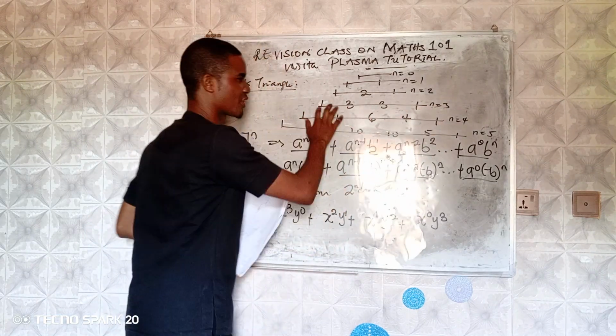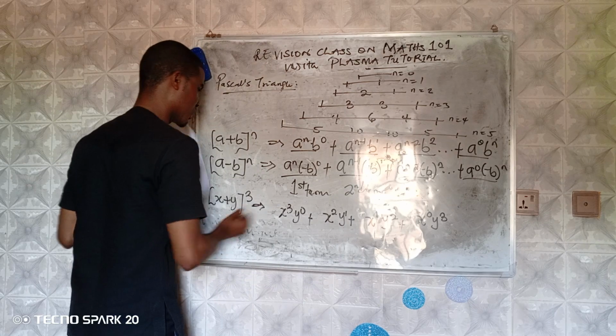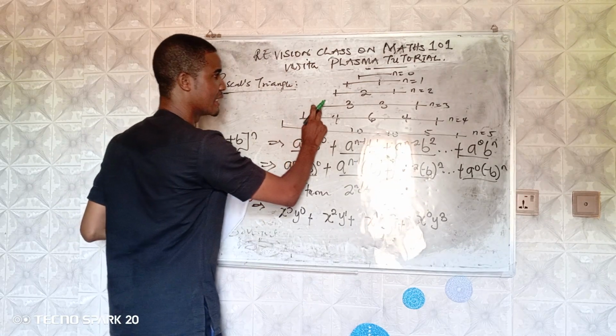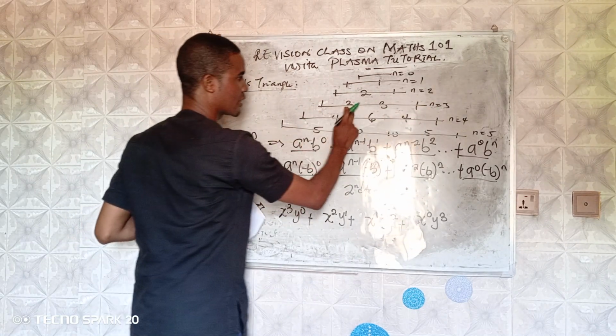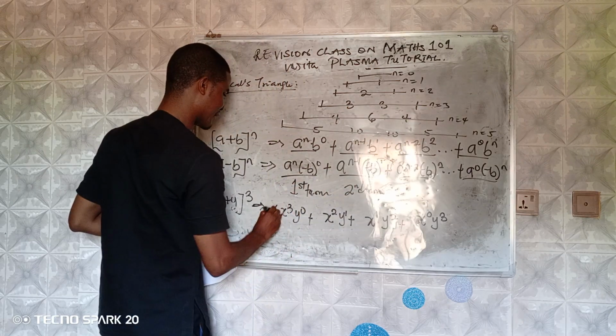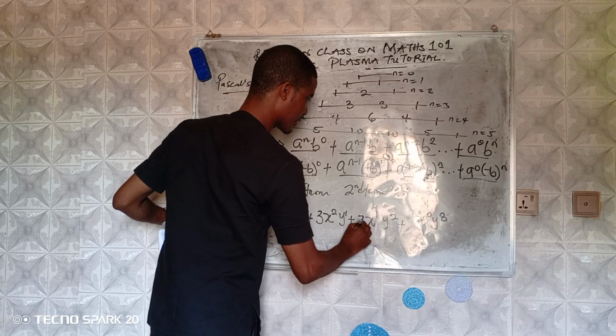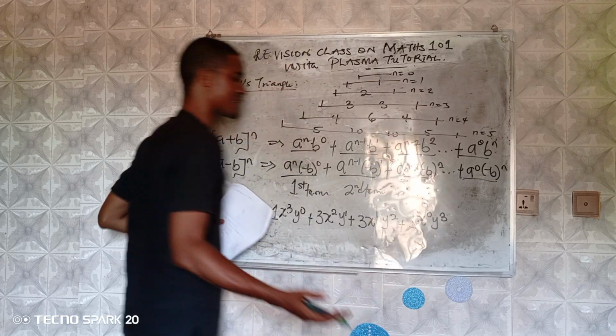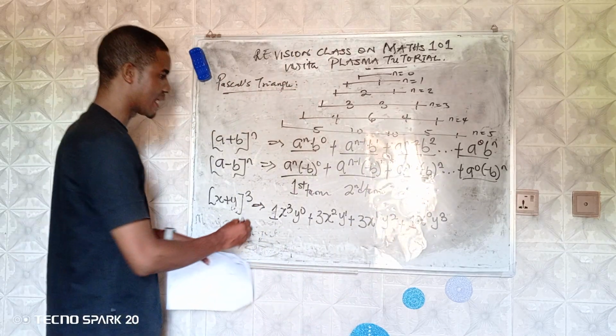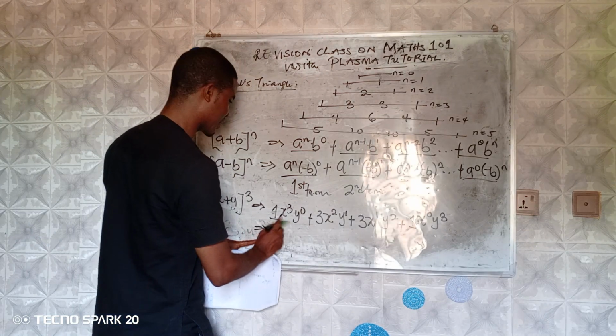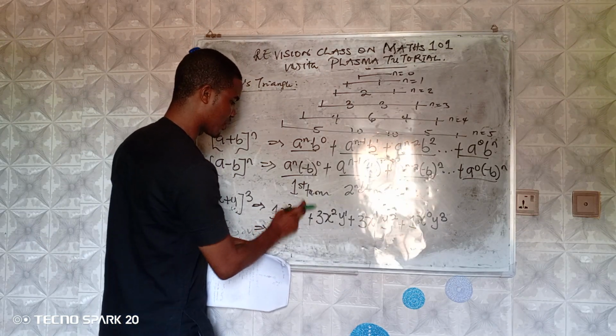So I'm going to take this line and put it directly. I'm going to have this for n equals 3: first term, second term, third term, fourth term. And this is the complete expansion. What is left now is simplification. y raised to power 0 is 1.